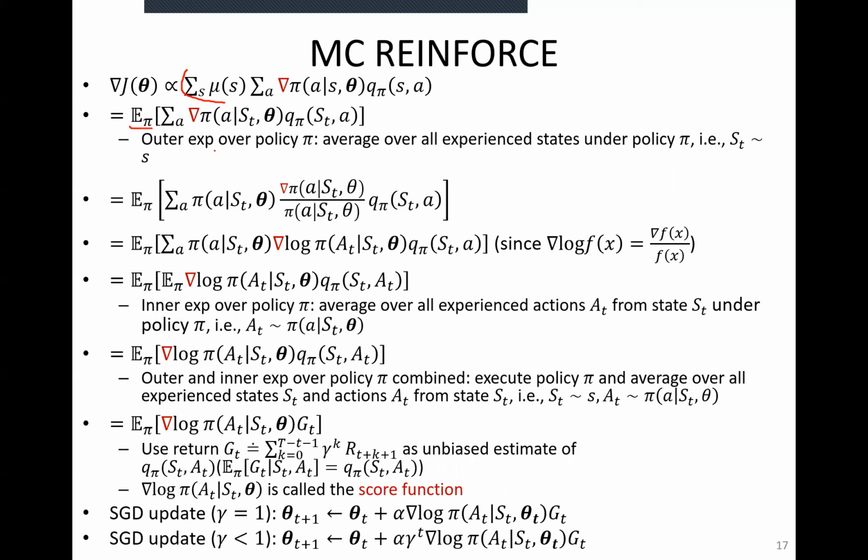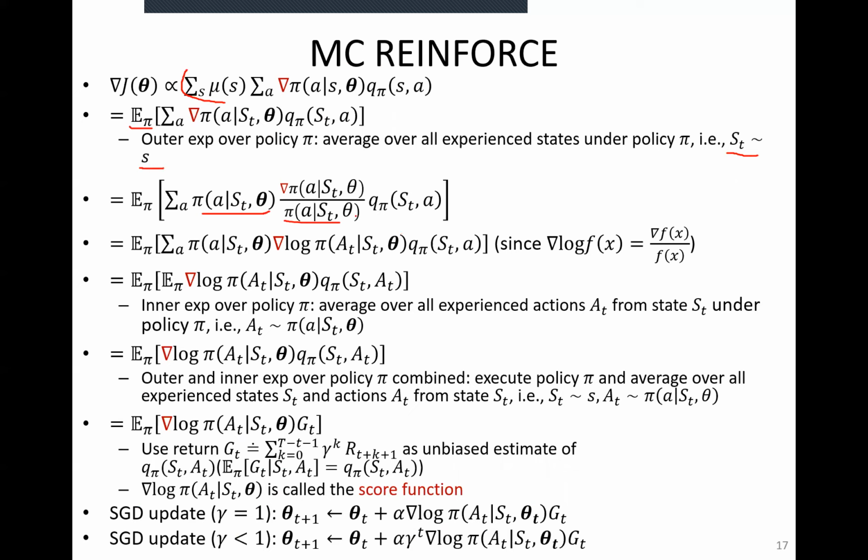So the expectation over policy pi is the average over all the experienced states under policy pi. So sample a state ST from all the visited states. And then you do a simple division and multiply. So obviously this doesn't change anything.